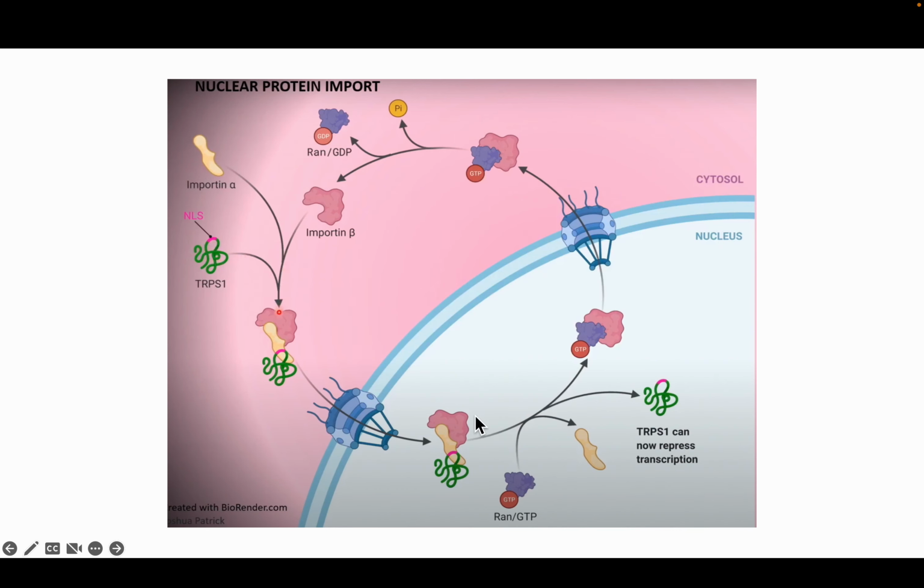So importin alpha and TRPS1 get released, and Ran GTP is getting bound with importin beta, and then importin beta is getting exported outside of the nucleus, that is, the cytoplasm. Ran GTP is forming Ran GDP again when one phosphate gets out, and when this dephosphorylation happens, importin alpha also gets released to again bind with TRPS1.